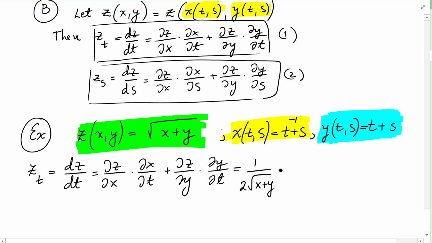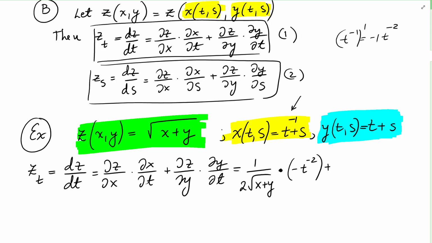So we have to differentiate this with respect to t. Well, t to negative 1 prime is negative 1 t to negative 2. So we have times negative t to negative 2 plus dz/dy.